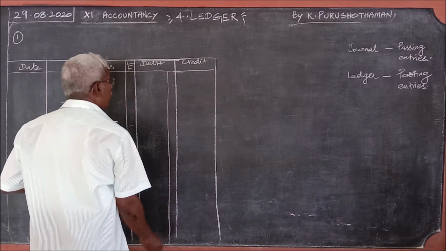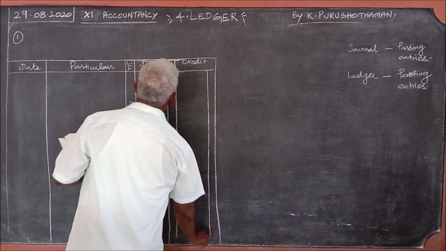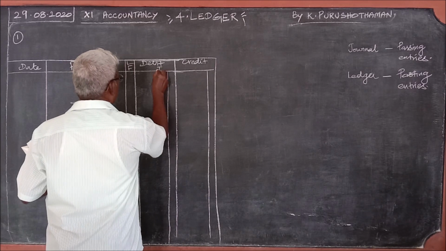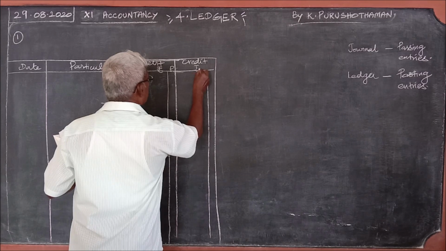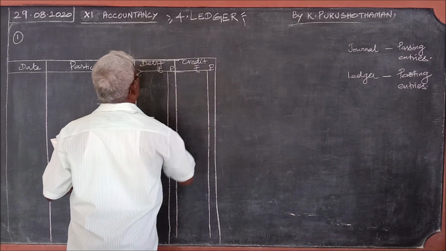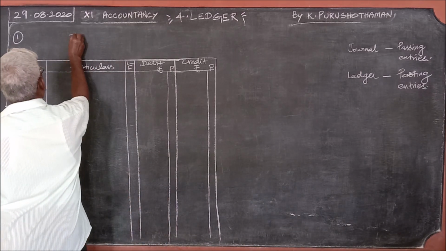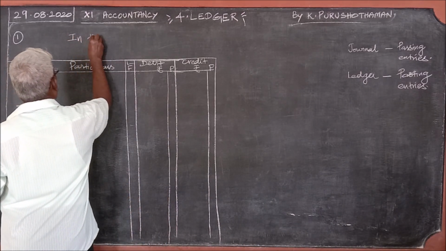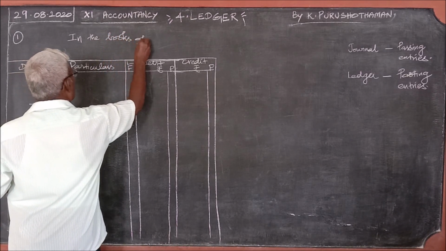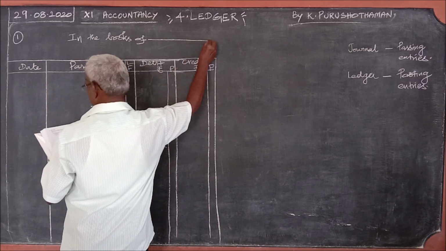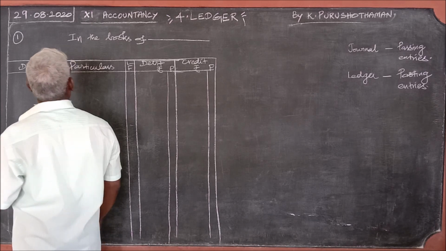Or we can subdivide it once again for rupees and pies, which we have already seen in chapter number 3. And you should write in the books of dash, because no name is given in this problem. Journalize the following transactions is only given.